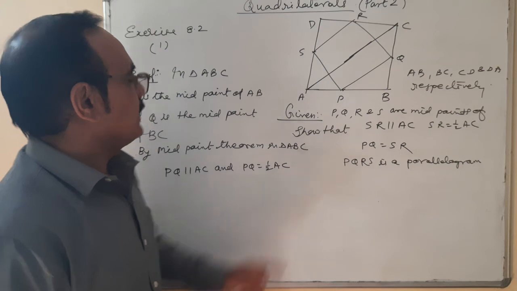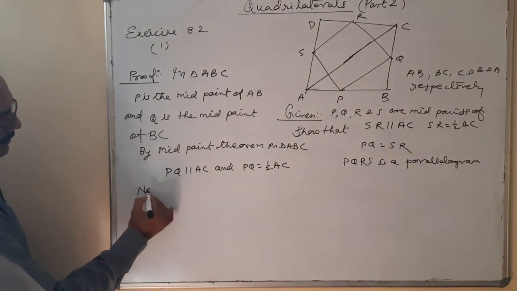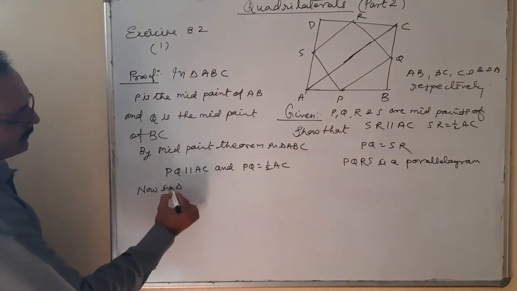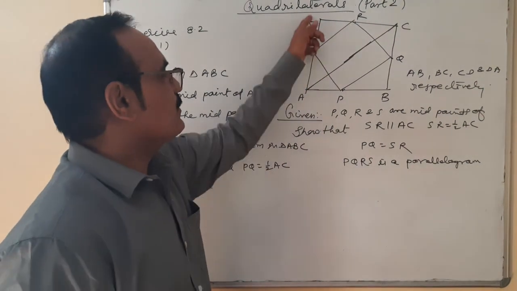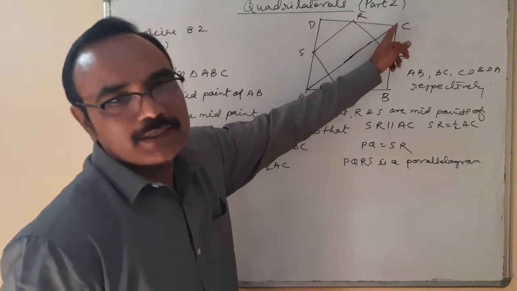Second, in triangle ADC, S is the midpoint of AD and R is the midpoint of DC, given.